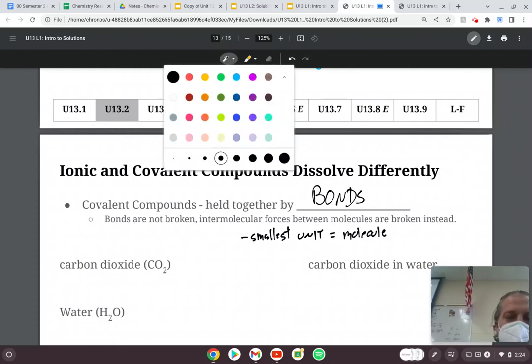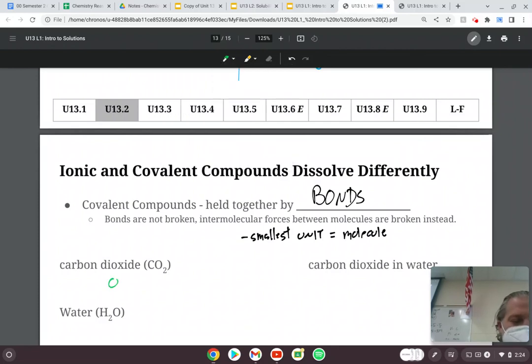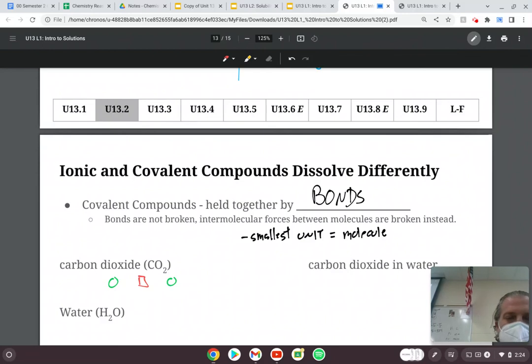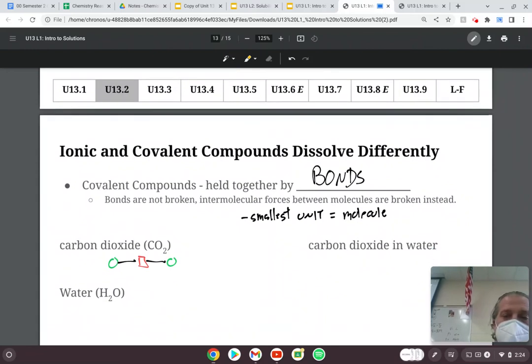So if I was to draw carbon dioxide, I would draw something like this, and I would have it bonded together as its smallest unit. Water, as we've drawn multiple times already, we're just going to draw as a bunch of X's here.